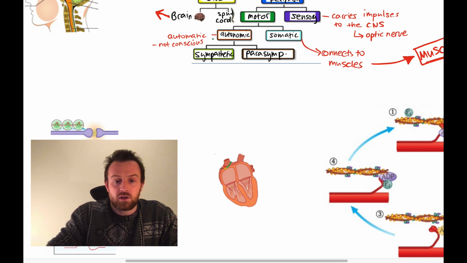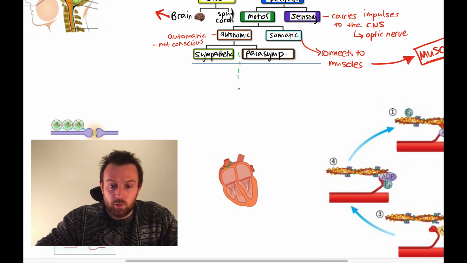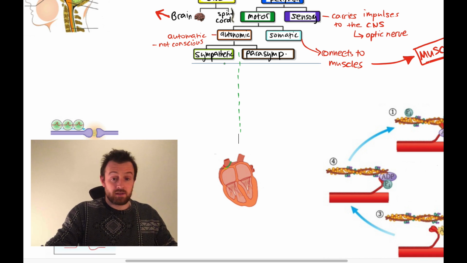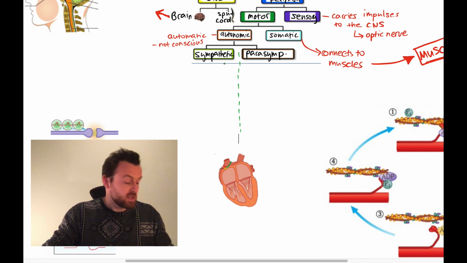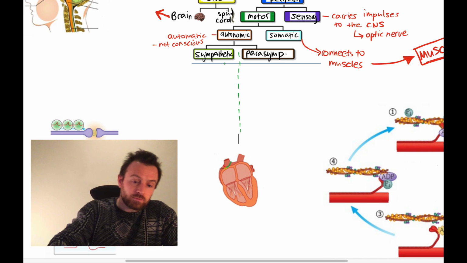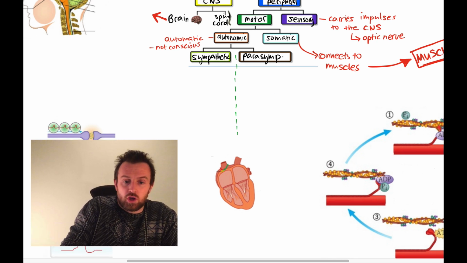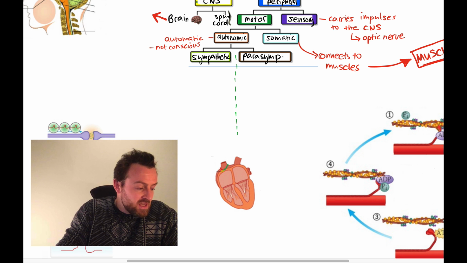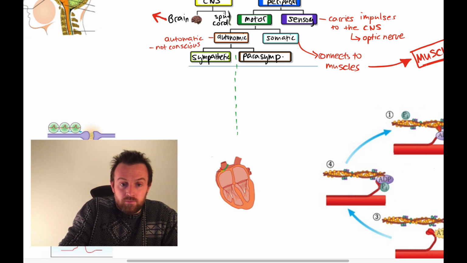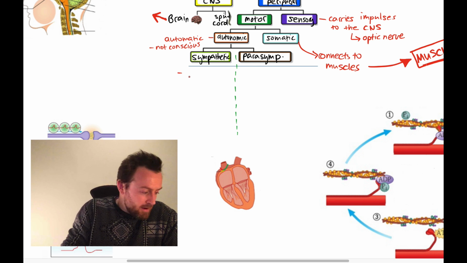So what we can do is make a little table here and talk about the sympathetic and the parasympathetic. Now, if you're using the textbook, then on page 92 there's a full table, but I think the key points we'll just jot down. So the sympathetic nervous system is basically about speeding up.